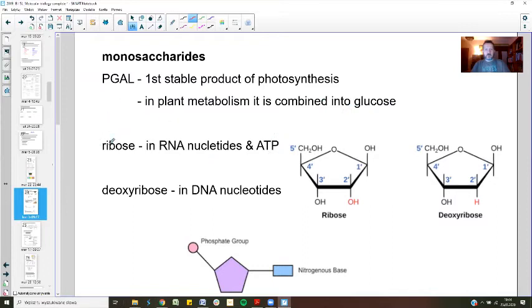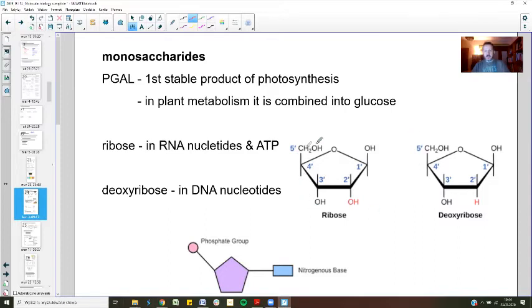From pentoses, ribose is a component of RNA nucleotides, so it builds RNA, such as ribosomal RNA, messenger RNA, or transfer RNA, and is also found in ATP, this universal currency of living organisms.